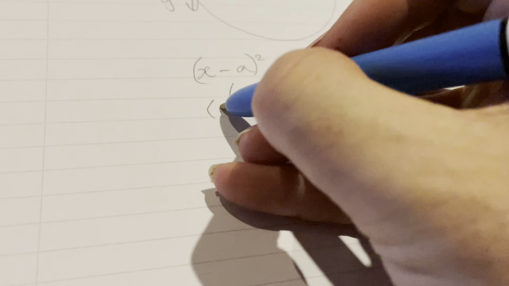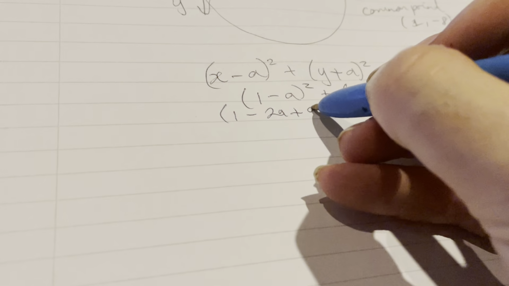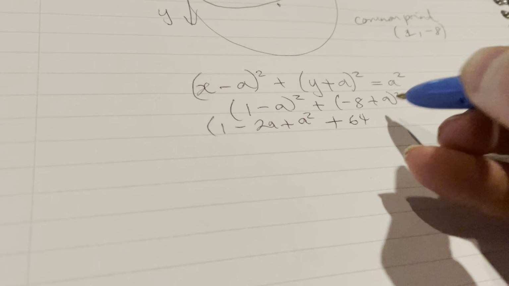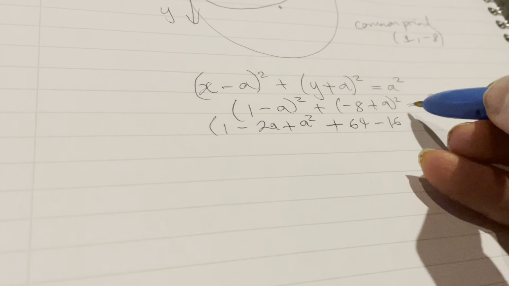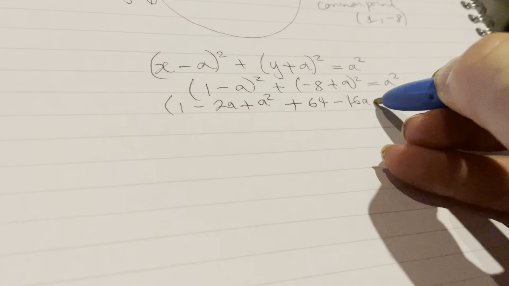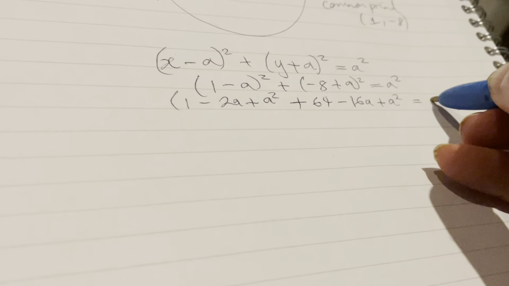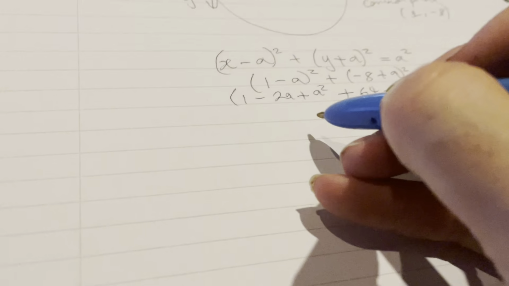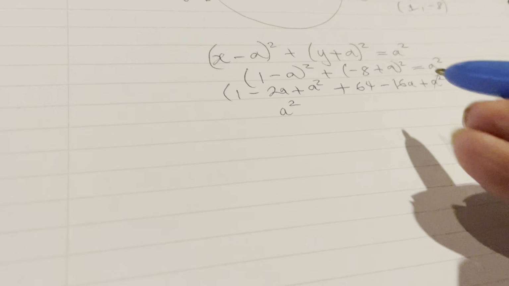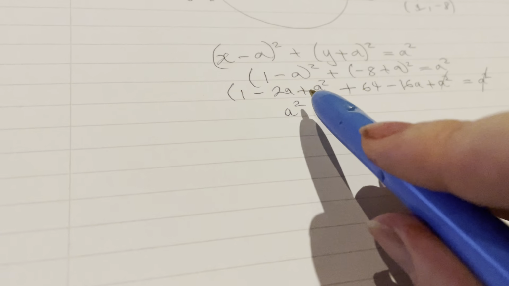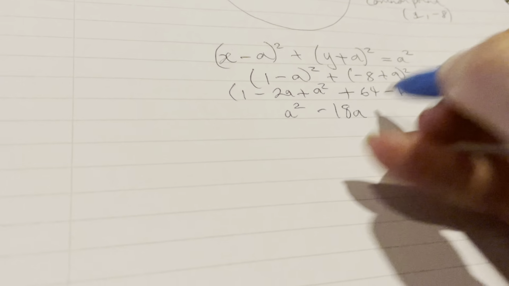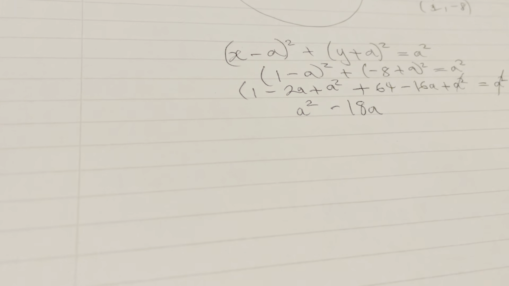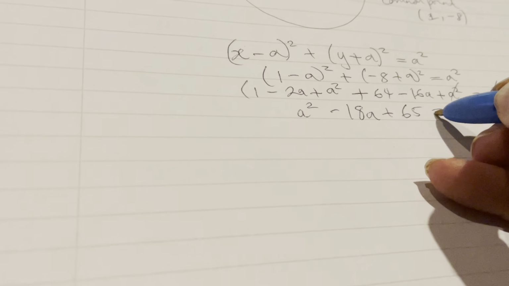So let's multiply that out. 1 minus 2a plus a squared plus 64 minus 16a plus a squared equals a squared. Well, those two will cancel anyway straight away. Okay, and then what have we left? Well, we've 1 a squared. How many a's? Minus 18a. And then what else is left over? 65, yeah? Plus 65 equals nothing.